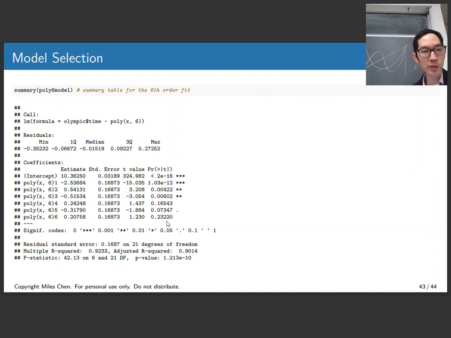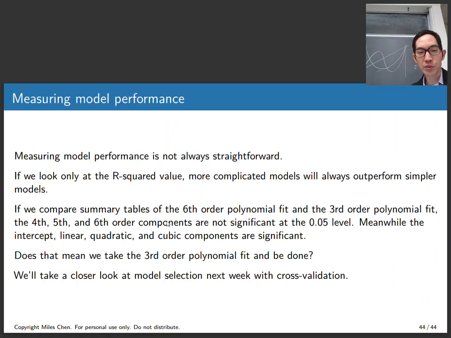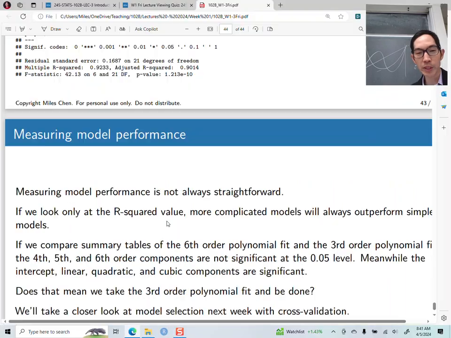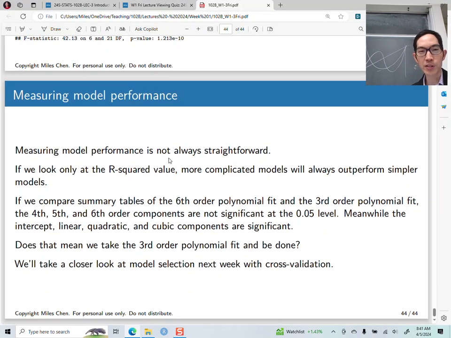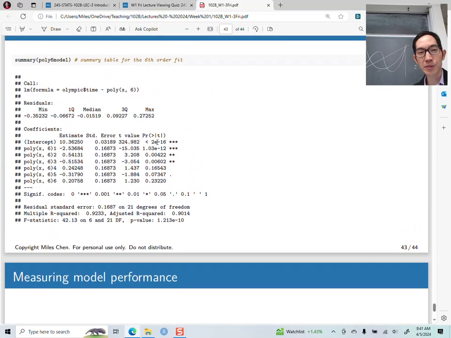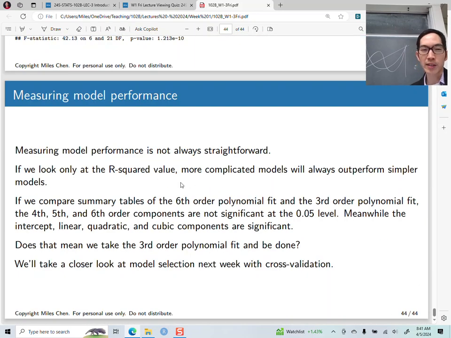But as we move forward and start going into machine learning, the way we evaluate how things fit is not going to use this traditional approach. One of the problems is that if you use R-squared values, more complicated models will always outperform simpler models. You can always eke out a little better predictive performance with R-squared.